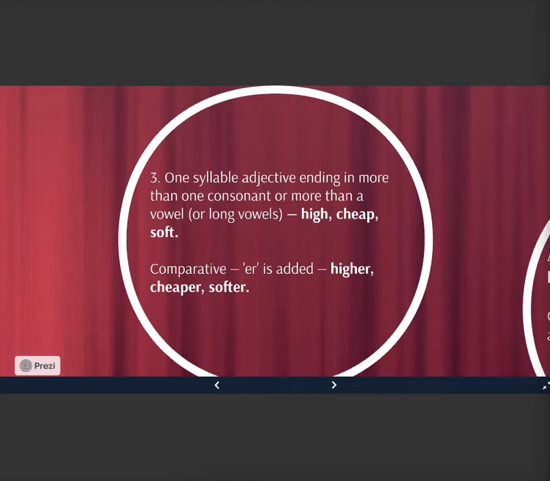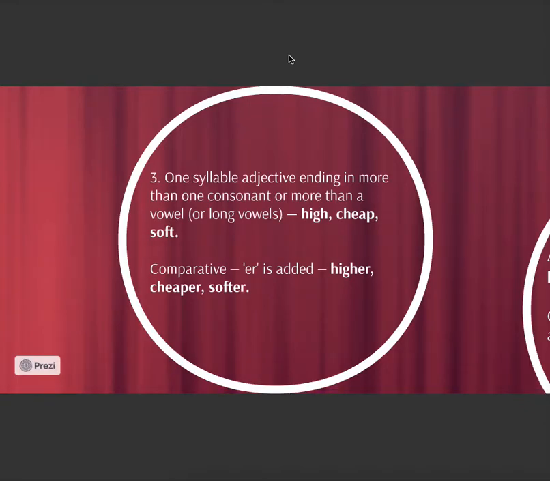Okay, one syllable adjective ending in more than one consonant or more than a vowel or long vowels. High, cheap, soft. Comparative, er. Is that okay? Higher, cheaper, softer. Very good. Yes, it's okay. So look at these, babies. And here you have the last part of the rule.